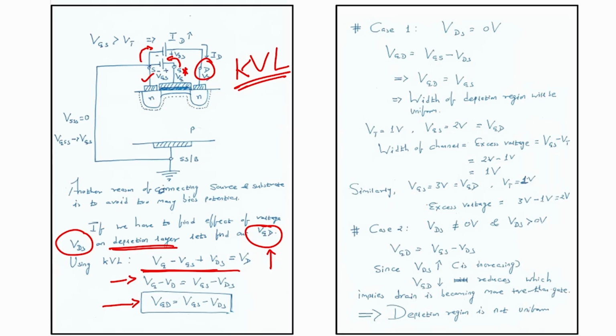Now I want to consider three different cases. Case 1: Vds equals 0 volts.